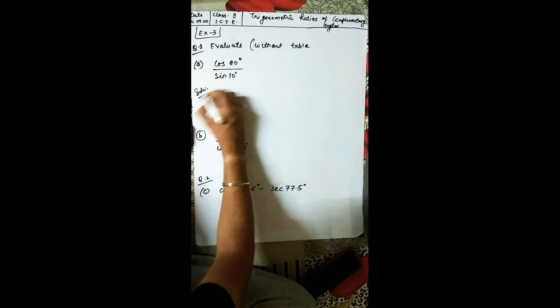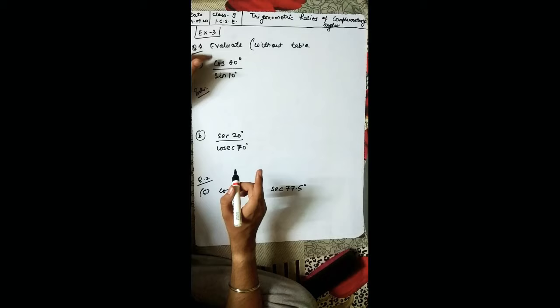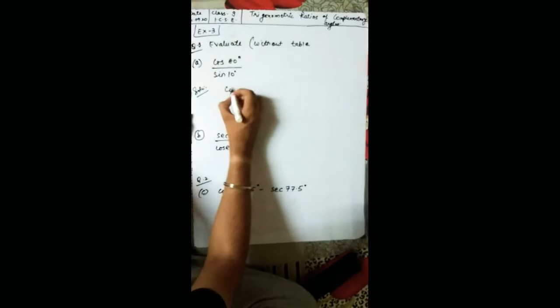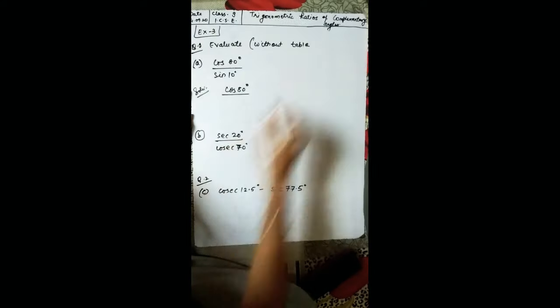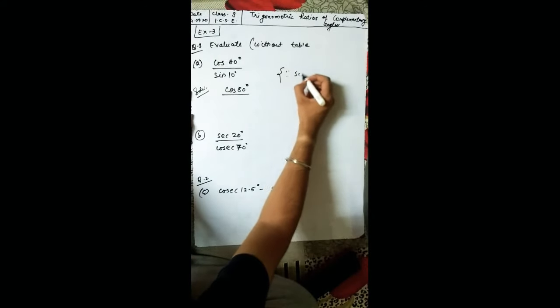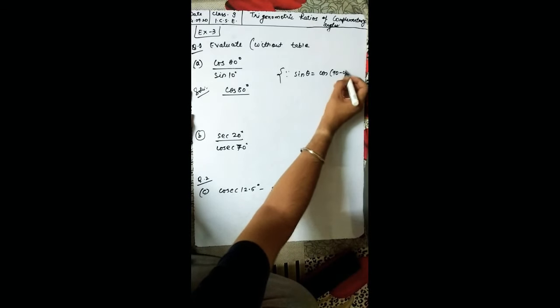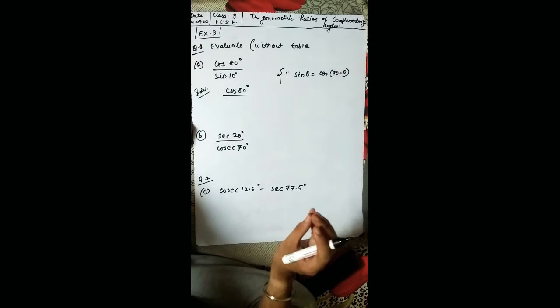Always remember, in such type of ratio questions, change only one function. So I'm keeping cos 80 degree as it is. I told you that sin theta is cos 90 minus theta, or cos theta is sin 90 minus theta. You can write anything.